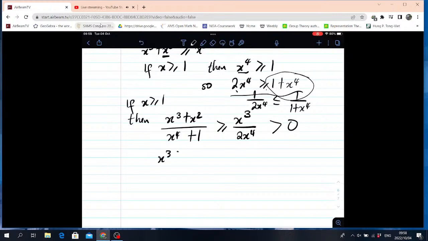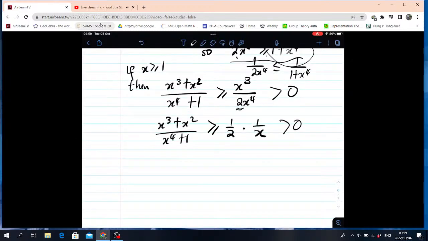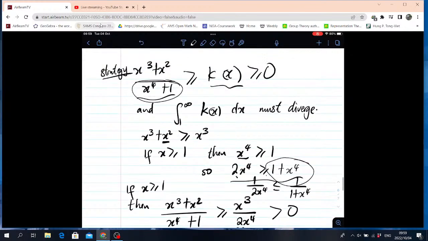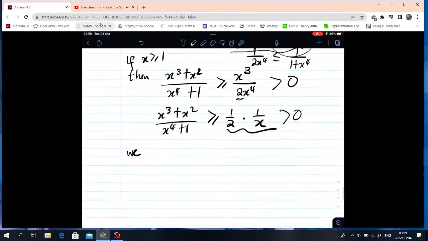And I can then say, so this x cubed plus x squared over x to the 4 plus 1 can be rewritten as half of 1 over x, right? I take the 2 there, and then I simplify, and then I get that, right? And then we now consider, so basically half of 1 over x is our k of x here, right?